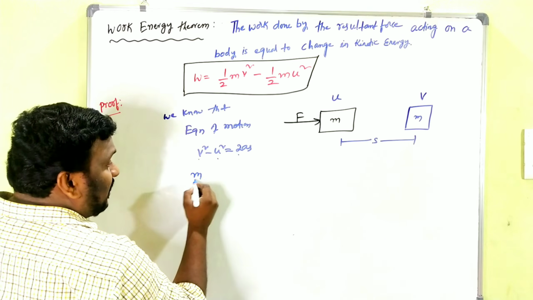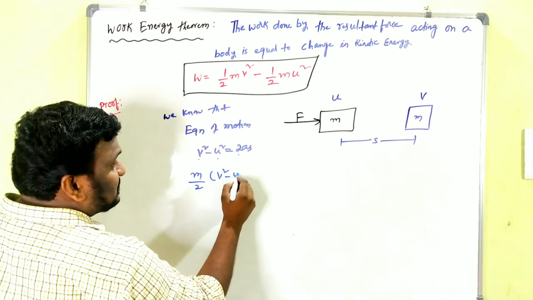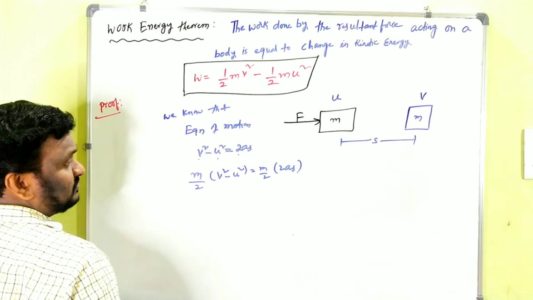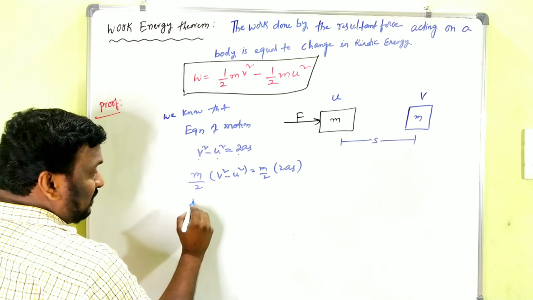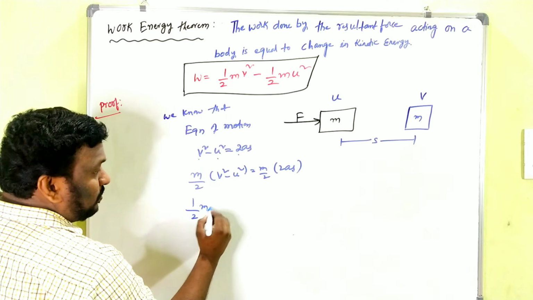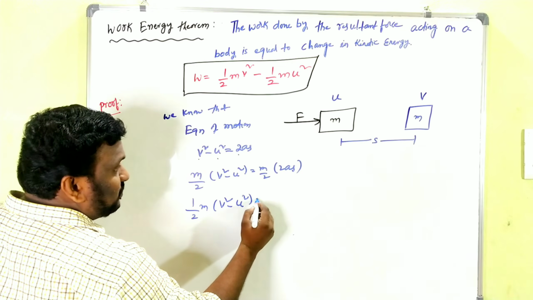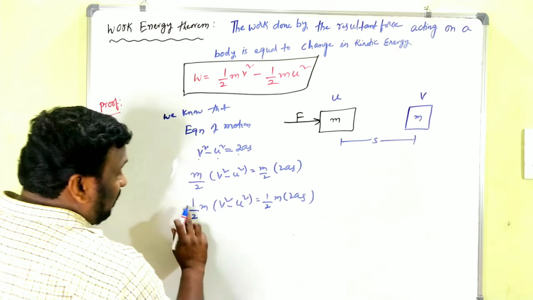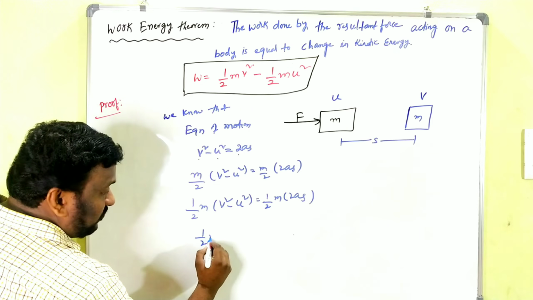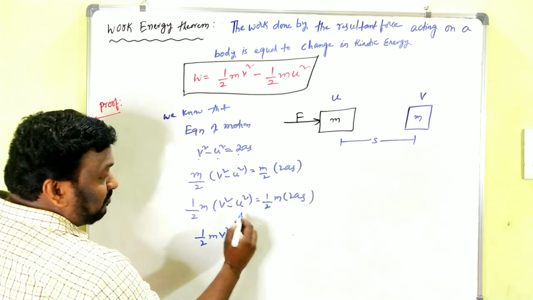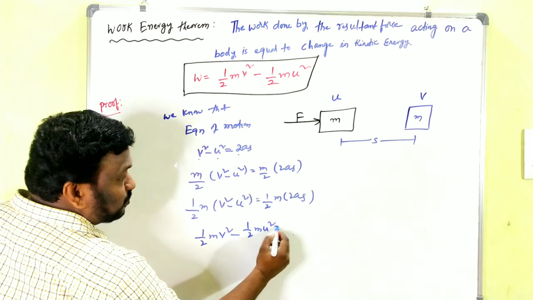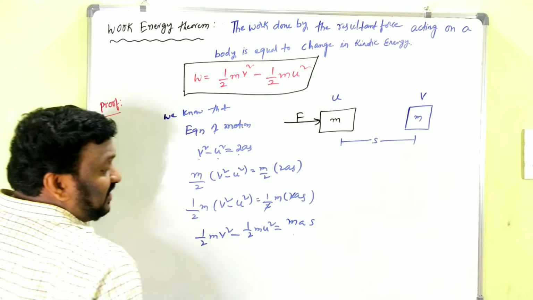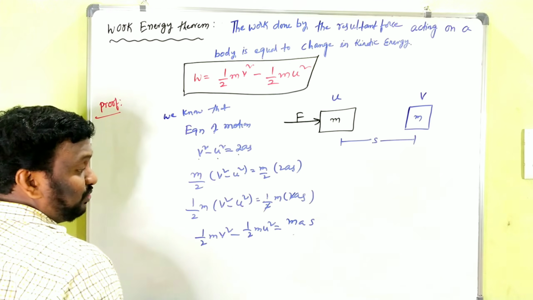Now we have to multiply on both sides by half m, like this: half m into v square minus u square equals half m into 2as. Half m v square, and half m u square. Here the 2 cancels, then what we get is ma into s.